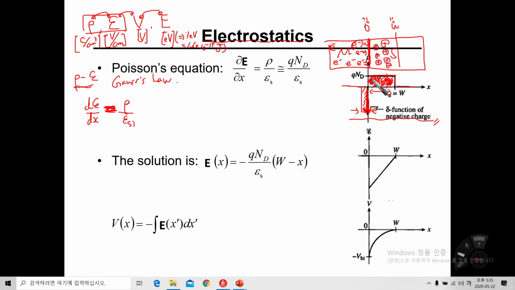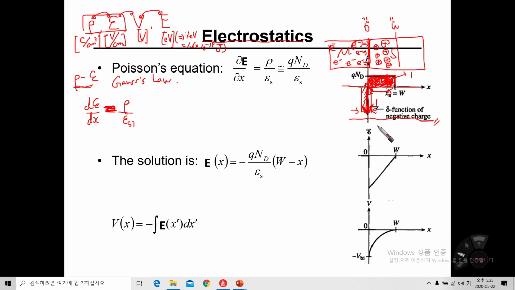In other words, if this area is 1, then the height of this arrow is 1, and the width is almost 0. So using the delta function, we can complete the charge density plot.